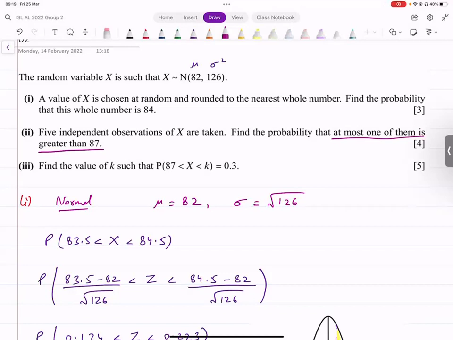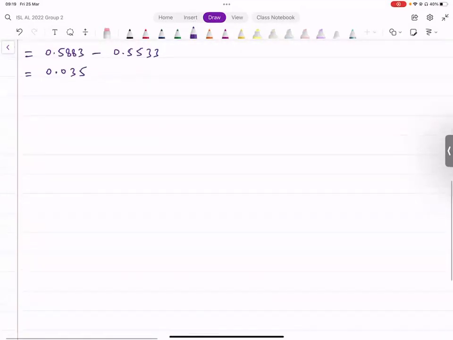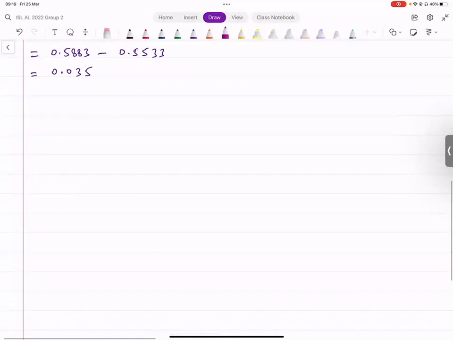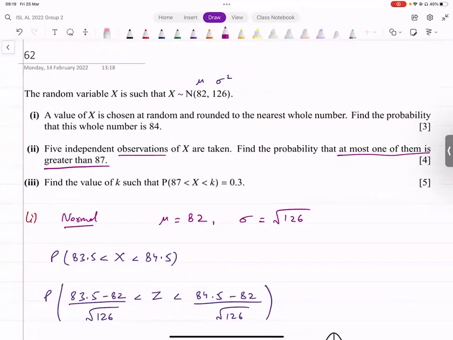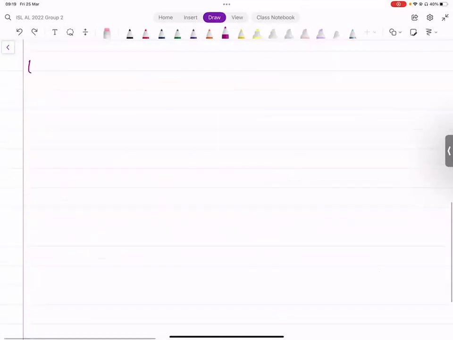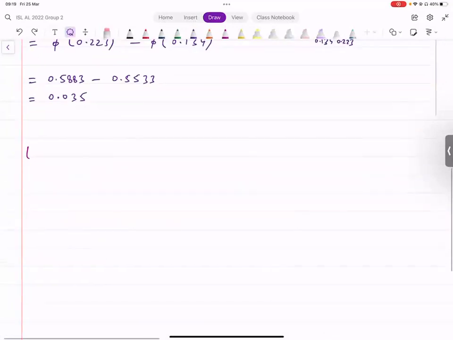This is binomial, right? 5 observations में से at most one being something की probability find करनी है. Okay, so it's discrete. और इसमें number of observations की बात हो रही है ना. Number of observations is something discrete, so it's binomial.